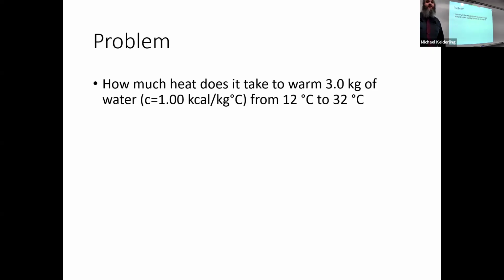So, as a problem, how much heat does it take to warm 3 kilograms of water, with a specific heat capacity of 1 kilocalorie per kilogram degree Celsius, from 12 degrees Celsius to 32 degrees Celsius? Heat is mass times heat capacity times change in temperature.